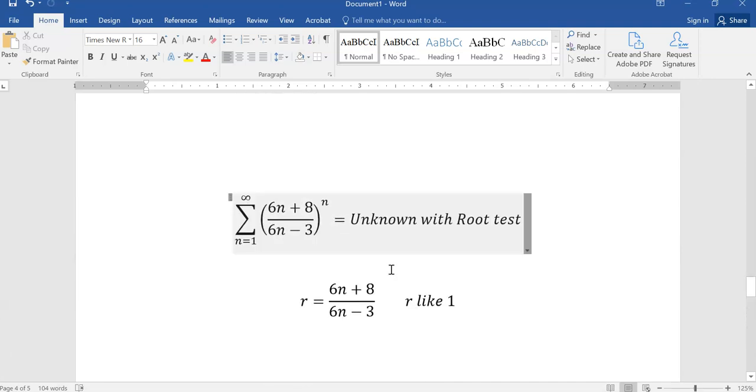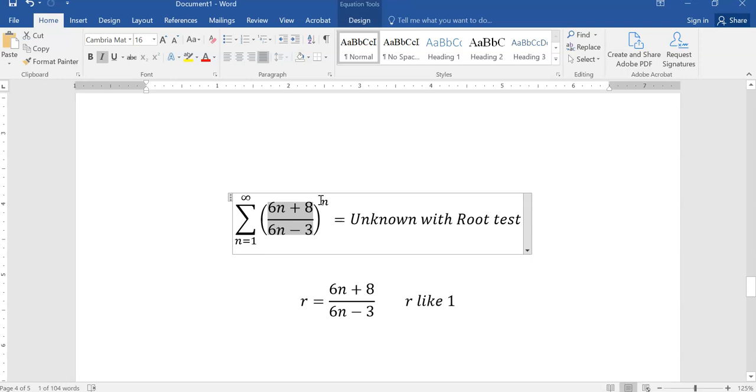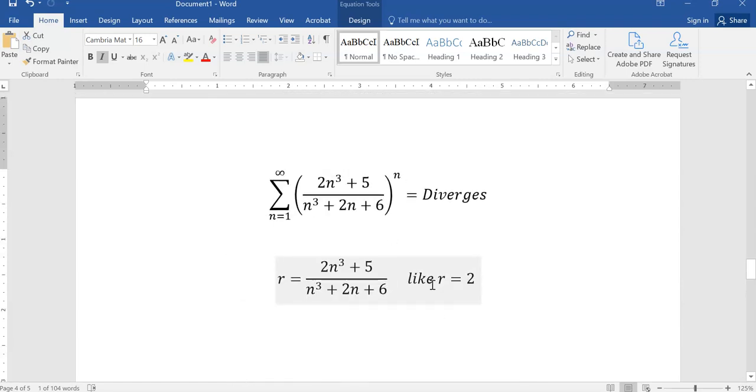The ratio test is that. The root test is, well, how does this compare to r to the nth power? How does this compare to a geometric series? If r is like 1, then we're going to get an unknown situation. If r is something bigger than 1, then we're going to diverge.